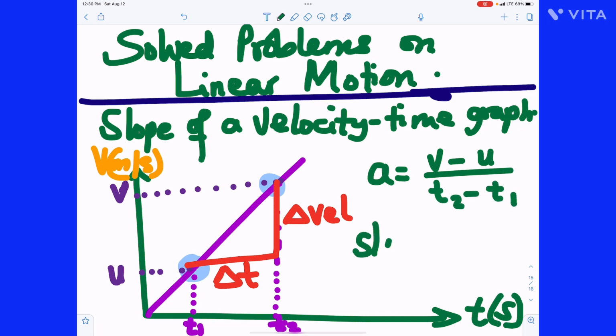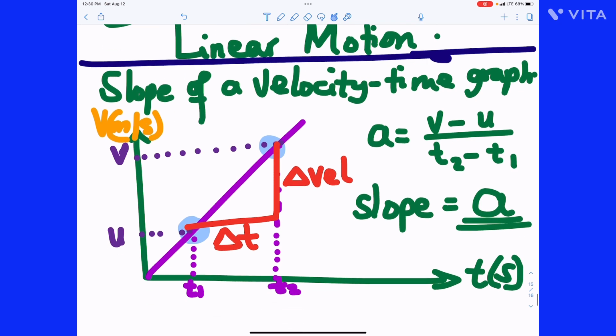So the slope of a velocity time graph represents the acceleration of the motion.